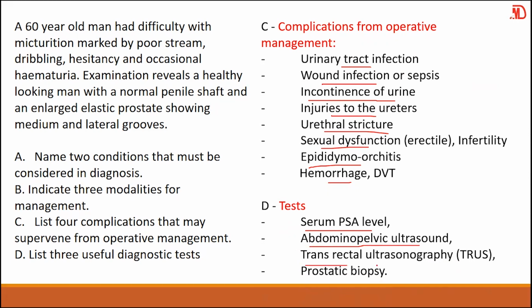We can do a transrectal ultrasonography, and of course, a prostate biopsy especially, and this will help you to rule out or rule in the presence of a cancer. So these are the basic tests that you need to do. All right.